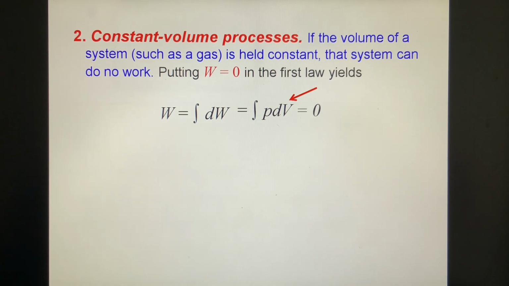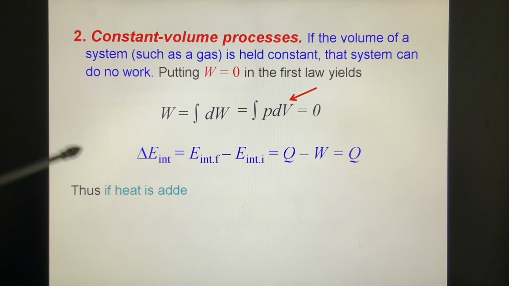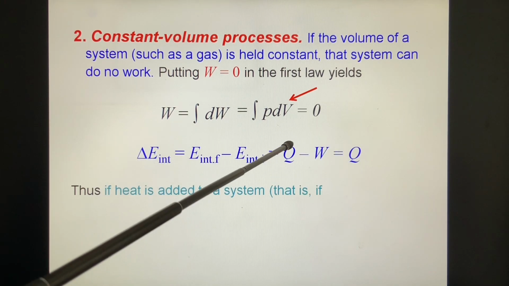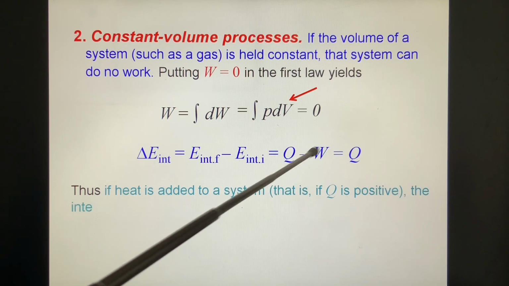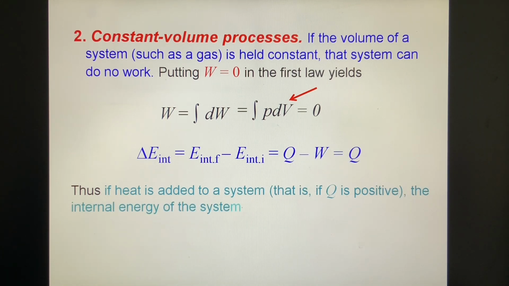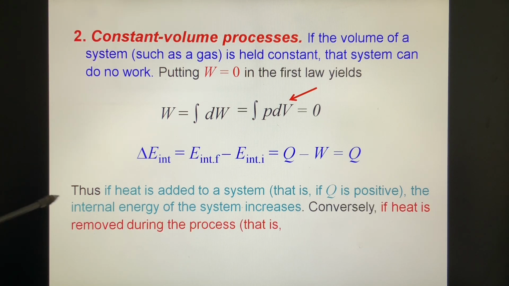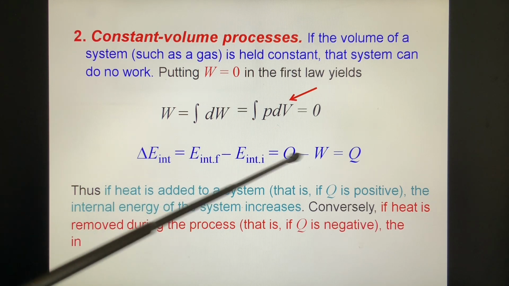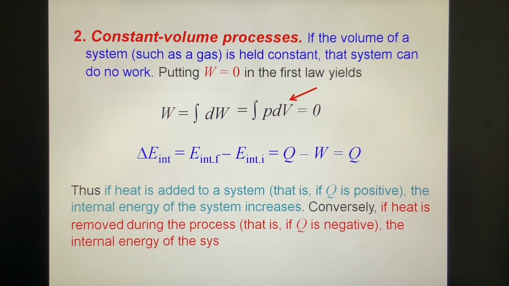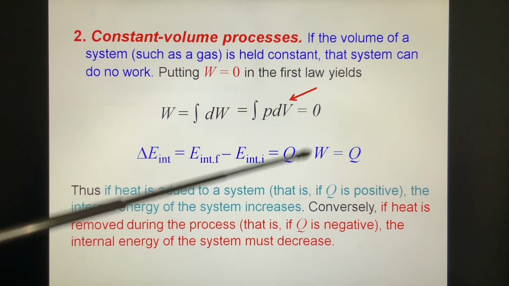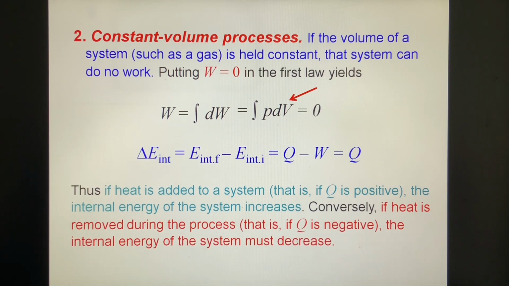It's 0, always 0. And then ΔE equals Q minus W equals Q. Thus, if heat is added to a system, that is, if Q is positive, the internal energy of the system increases. Conversely, if heat is removed during the process, that is, if Q is negative, the internal energy of the system must decrease.